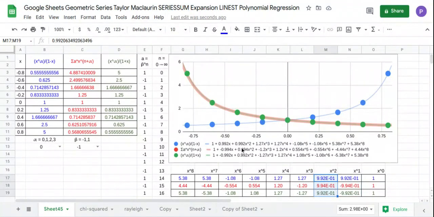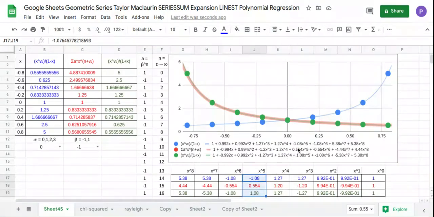And x squared, 0.992, 0.994, 0.992. X cubed, that's 1.27, and this is negative 1.27, 1.20. X to the fourth, 1.27, 1.20, and 1.27.